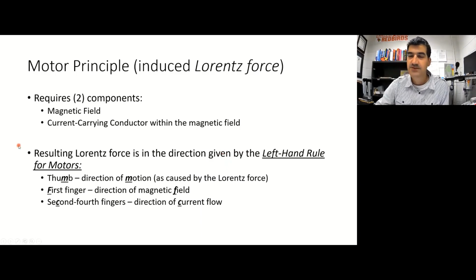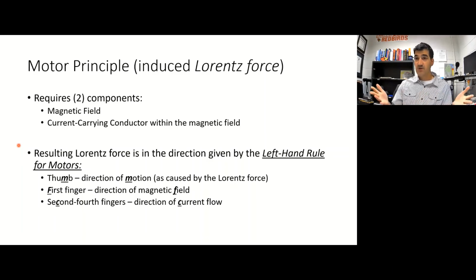All right, we talked about this, but quick review here. The minimum requirements for motor action, which is another way of saying the minimum requirements that you need to create a Lorentz force, because that's what motor action is. It's a Lorentz force. So to create a Lorentz force or motor action, you got to have a magnetic field, and you got to have a current carrying conductor within that magnetic field.